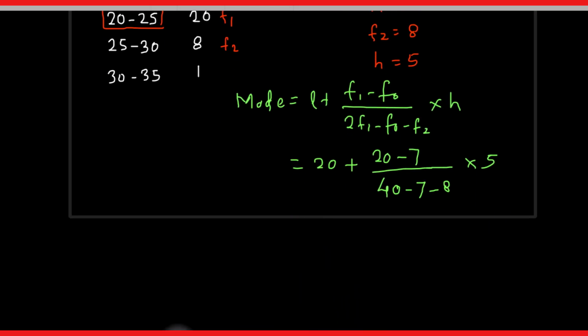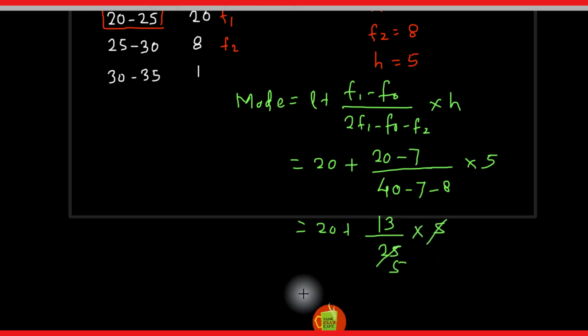Now nothing is left, you have to just calculate this. So it is equal to 20 plus 20 minus 7, that will be 13, upon 40 minus 7 minus 8; 8 and 7 are 15, and 40 minus 15 is 25, multiplied by 5.